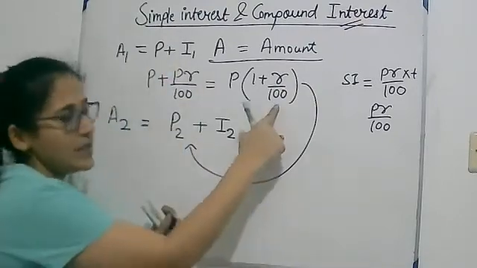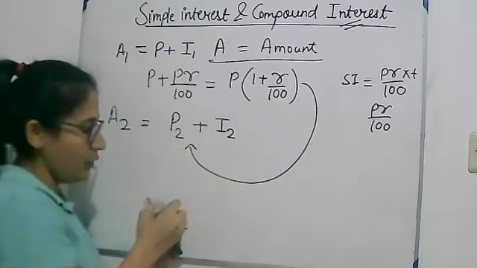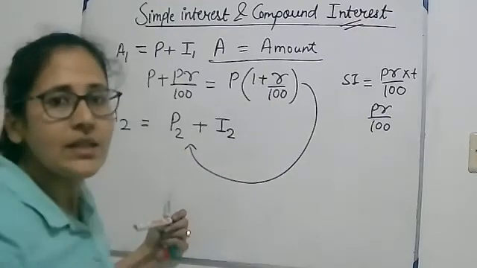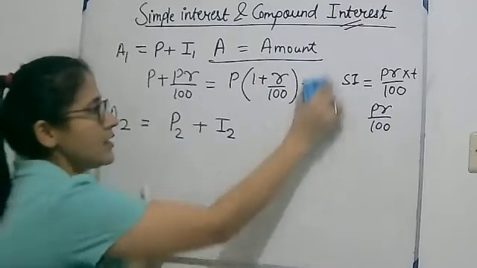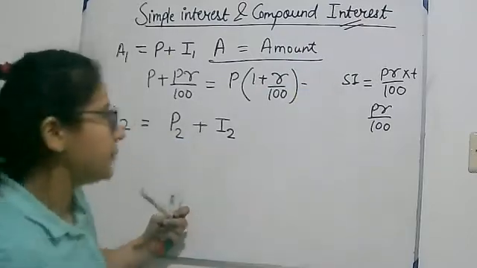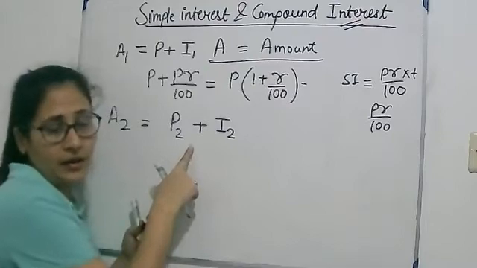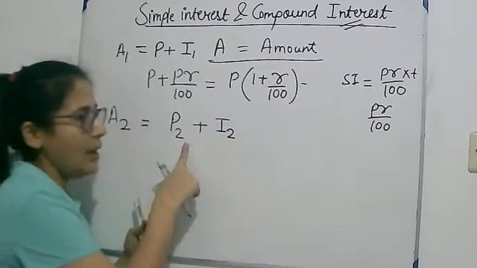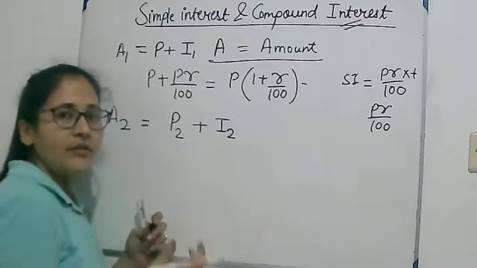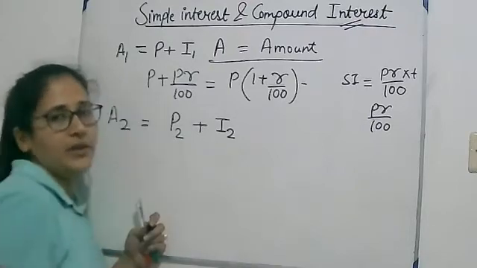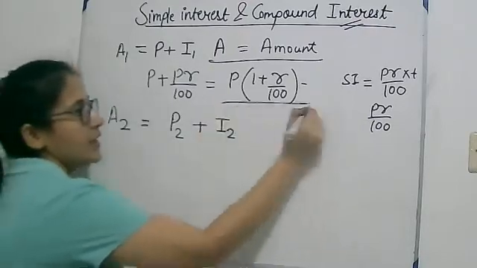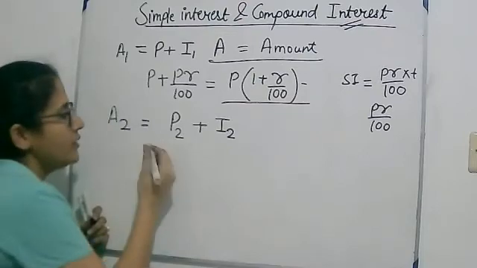That means this value will be the principal amount for the second year. So this is the difference between simple interest and compound interest. Always the principal amount increases with the interest of the previous year. So now basically this amount is the principal of the second year.